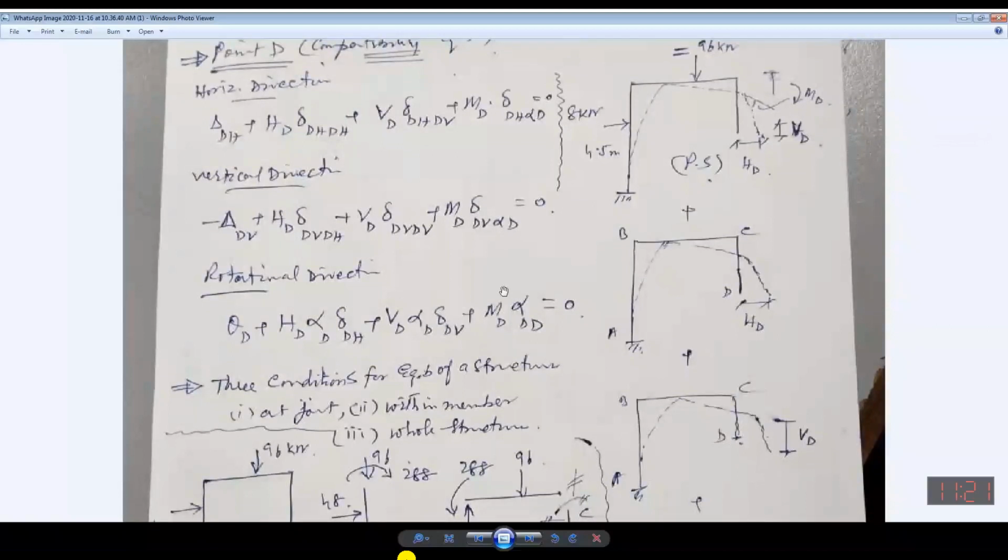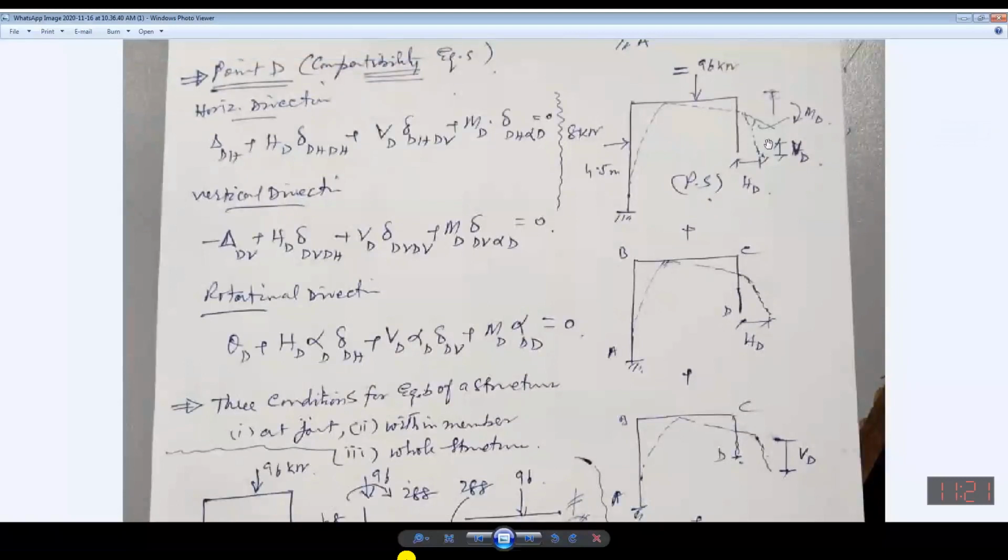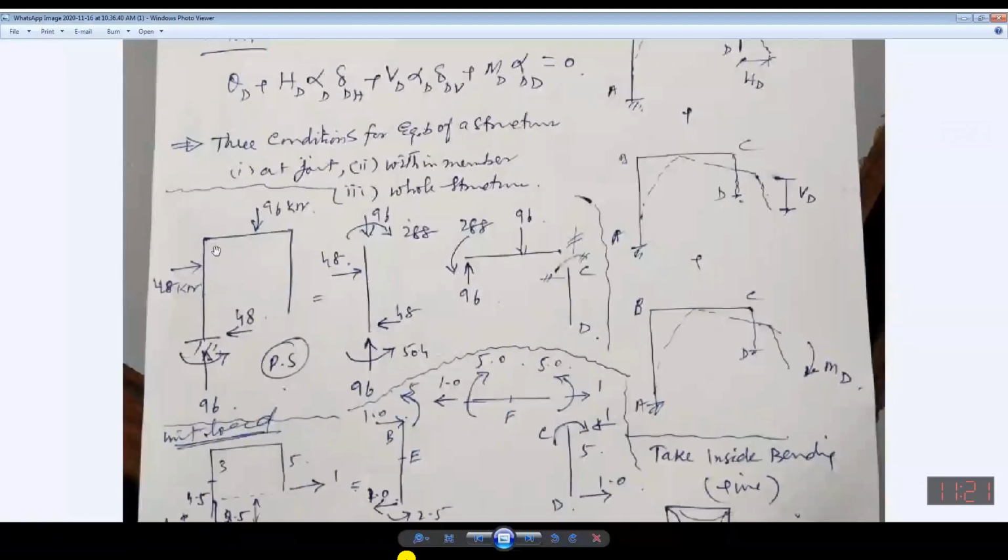Now it should also be noted, when you are solving any frame structure, you might know that when you analyze this structure, it is a basic requirement that three conditions are necessary to be fulfilled for the analysis of the structure.